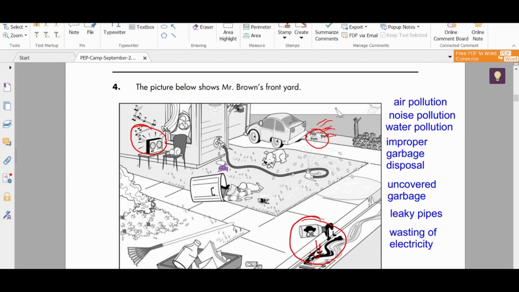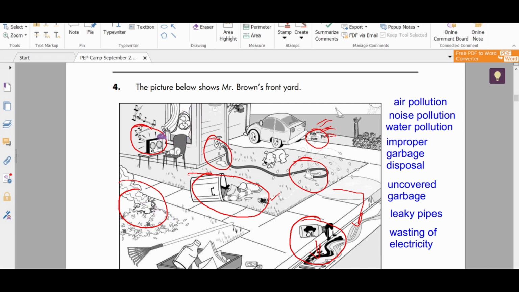I can see improper disposal of garbage, because this garbage is all over the place. Here we have the dog probably taking something out of the garbage, and the garbage is also uncovered. We see leaky pipes here. This is a pipe leaking, and water is being wasted because he's watering this area, but it's spilling onto the roadway and then into the drain. We see air pollution again with the burning of garbage.